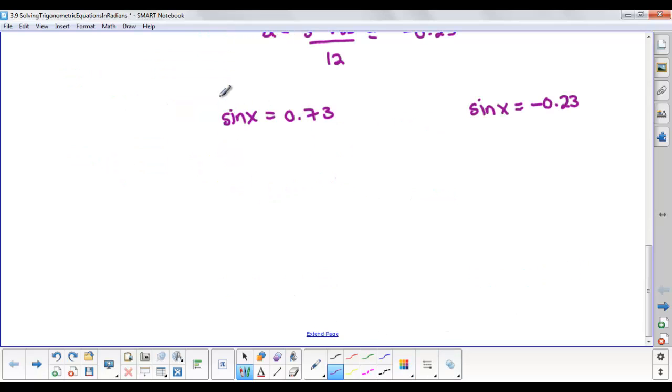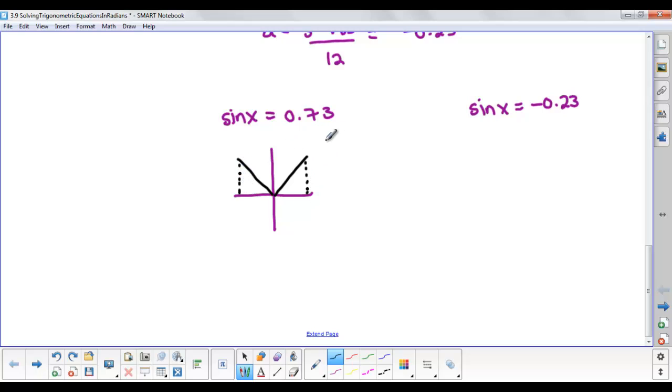Now ideally when you're faced with a question like this, it would be awesome if this ratio belonged to the special triangle family, and clearly it doesn't. So we'll start it off the same way. We want to know which quadrants sine is positive in, because it's positive 0.73. So the first quadrant and the second quadrant.